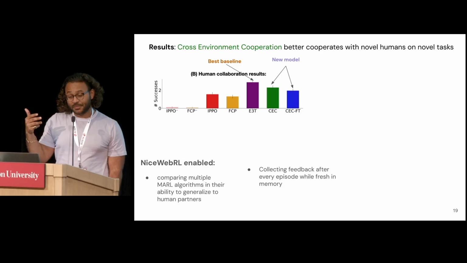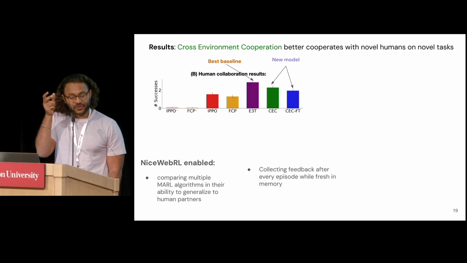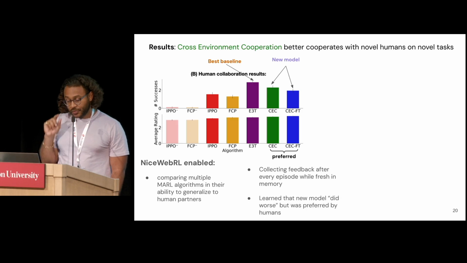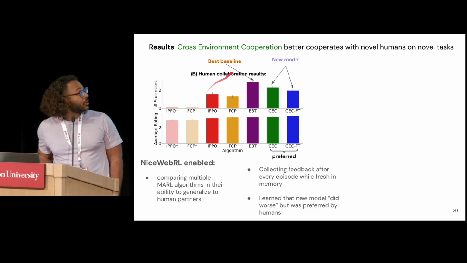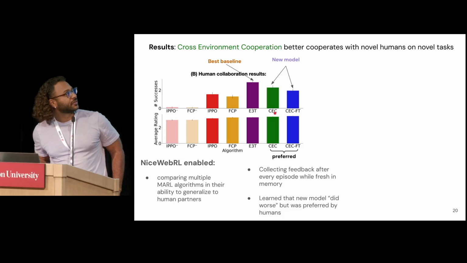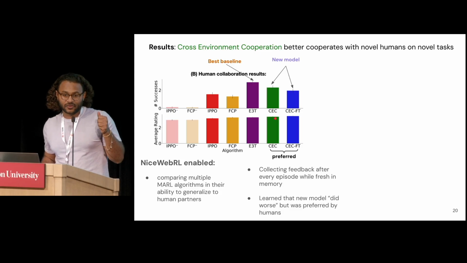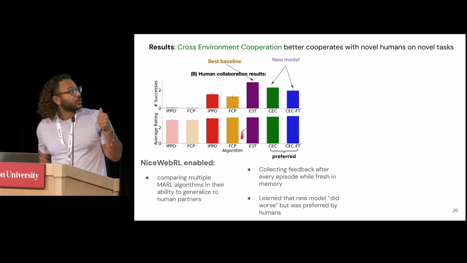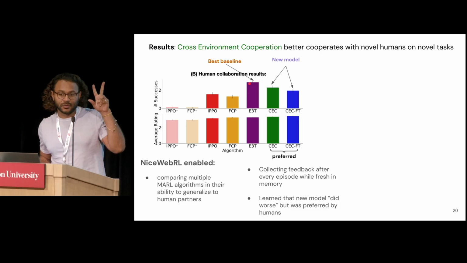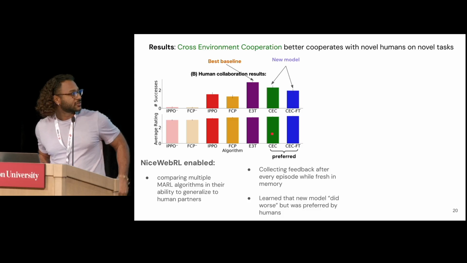We collected feedback after every episode from people while it was fresh in their memory. And what we learned was, so these error bars are tiny, but these are statistically significant. And what we learned is even though this AI completed the task more, our algorithm was preferred more by humans.